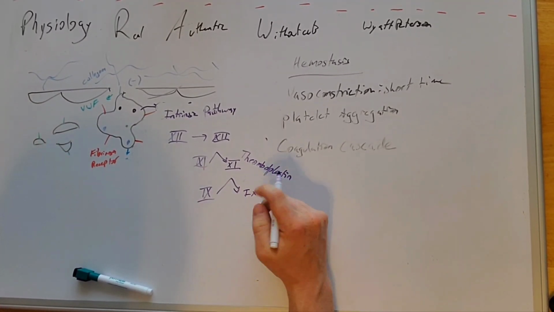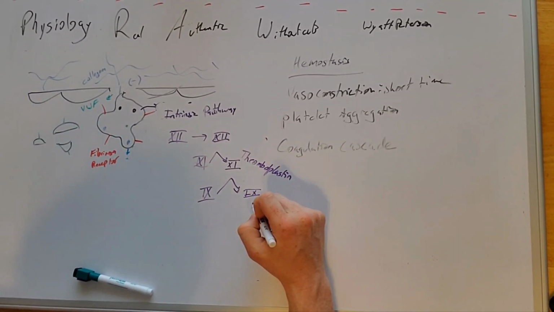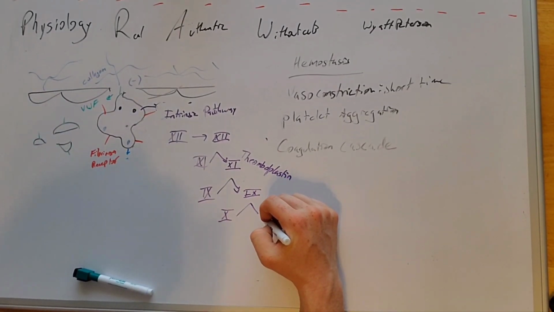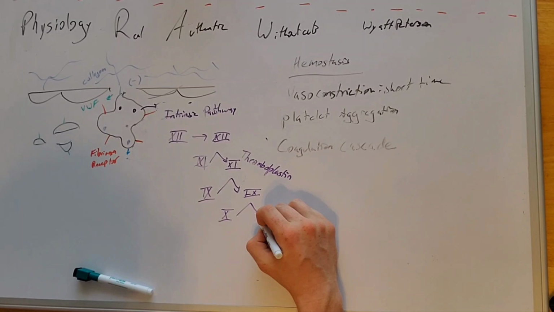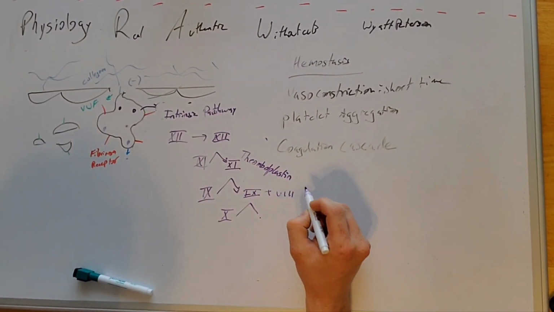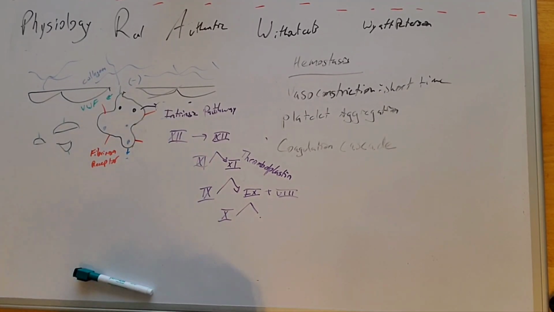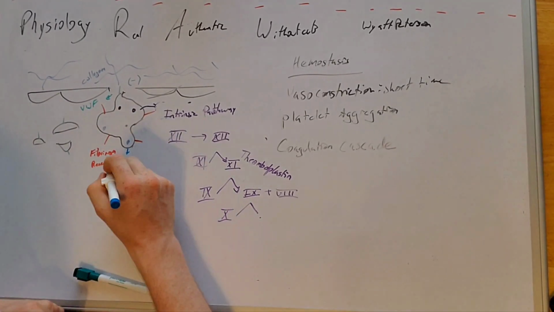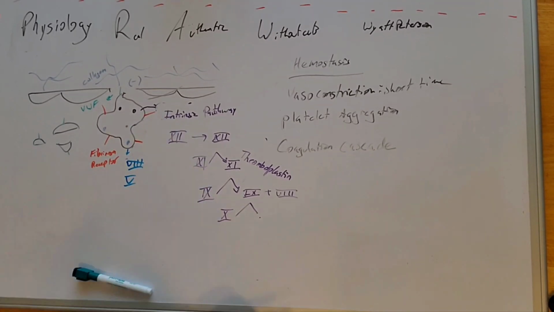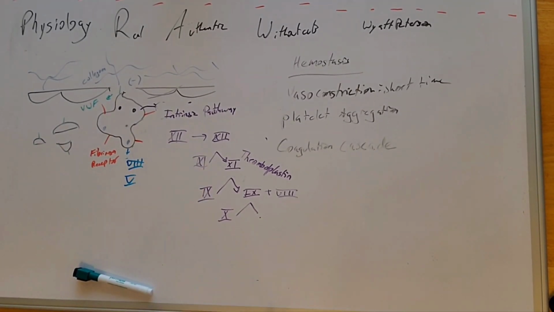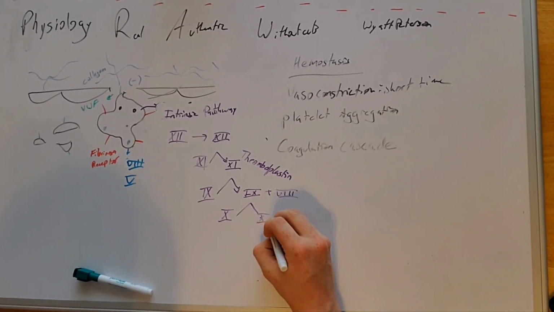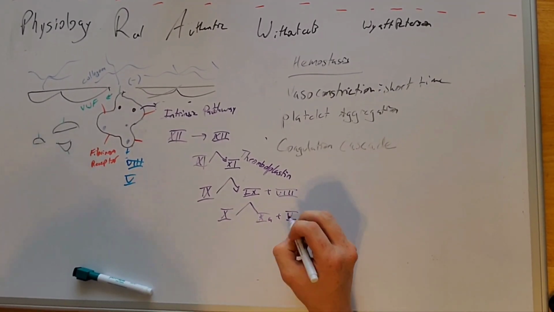So activate factor 11. And then that activates what we need, factor 10. Oh, this one actually goes with the one that the alpha granule produces, factor 8. And then I think it's factor 5. And so those two together, this is active factor 10 plus factor 5.